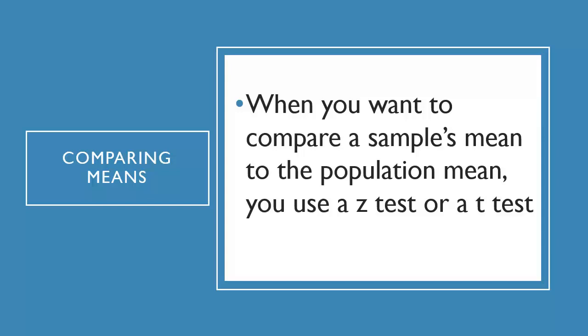We're going to have paired samples t-tests and independent samples t-tests, but when we talk about a single sample t-test, we're comparing the mean for our sample to the population's mean. The test is to see if those are significantly different from each other. So that's what we're doing in this chapter.